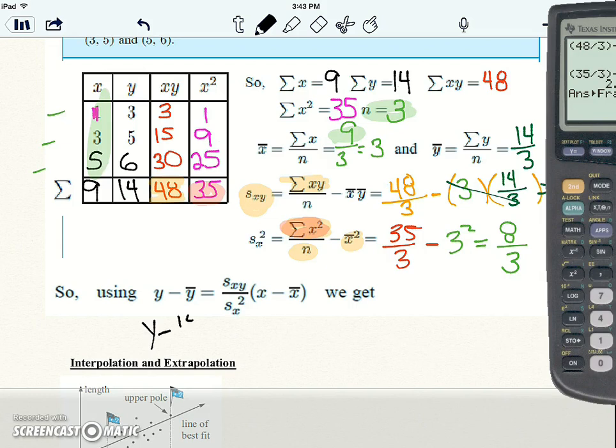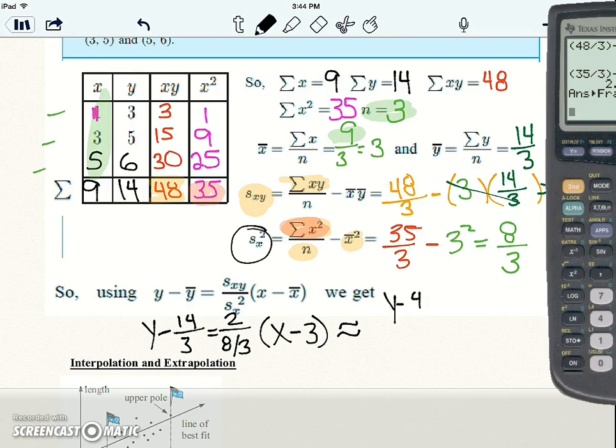Y bar is 14/3 equals the standard deviation of xy, which is 2, all over the standard deviation of x squared, which is 8/3, times x minus the average x, which is 3. Okay. Now at this point, you can put them in the calculator if you want, and you will get y minus 4.67, which is approximately equal to 0.75x minus 2.25. You could also keep them as fractions and not need the approximate.